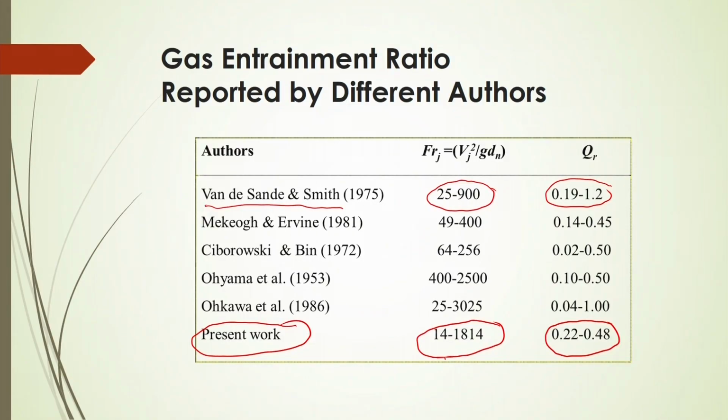In our present ejector downflow system, we can get a QR ratio of 0.2 to 0.48 based on a Froude number of 14 to 1814, within this range. So, the relatively better downflow system gives a better operational mode to get process intensification for chemical engineering processes, with more gas entrained into the liquid, more gas-liquid contact and more interfacial area.